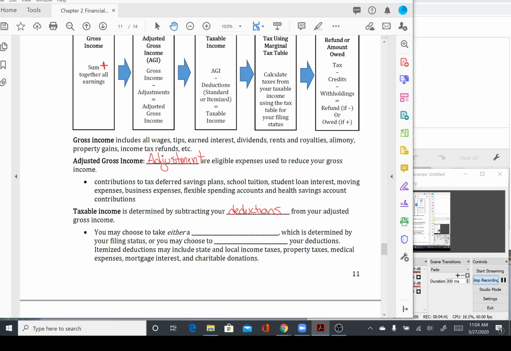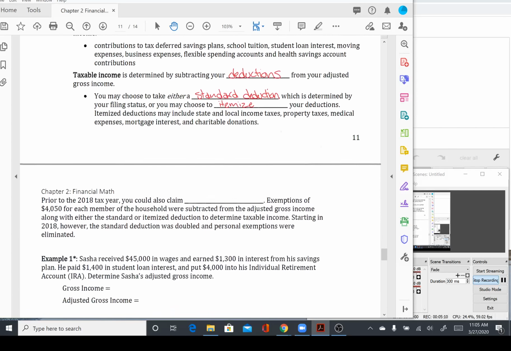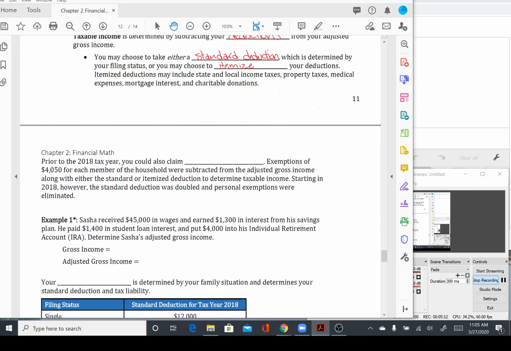You may choose to take either a standard deduction, which is determined by your filing status, or you may choose to itemize your deductions. Itemizing deductions may include things like state and local income taxes, property taxes, medical expenses, mortgage interest, and charitable donations.